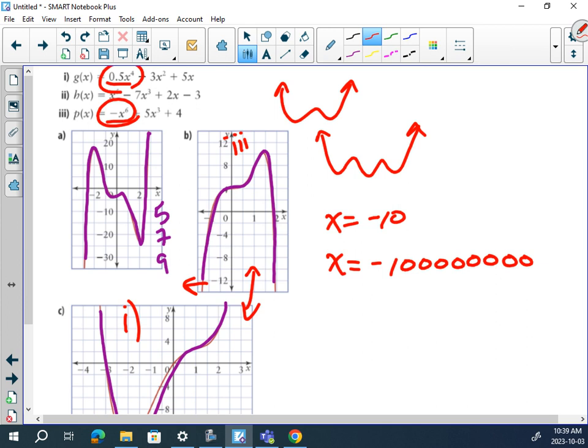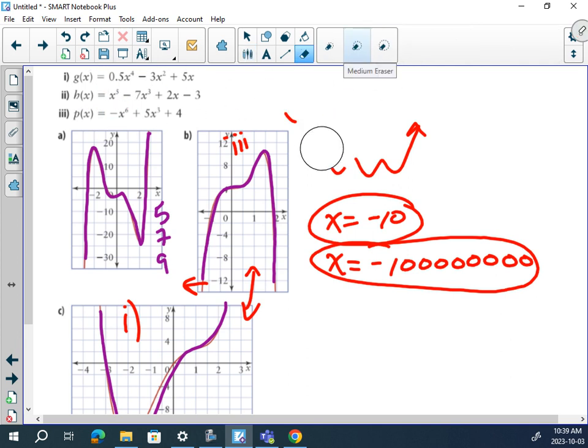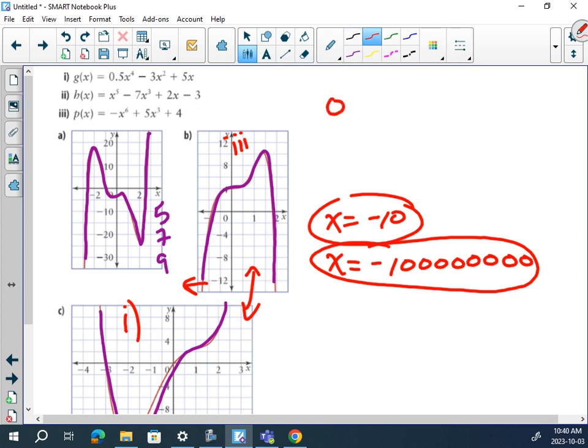And to do that, I can simply plug some sort of negative value in for x. So if I look at that first equation, I've got 0.5 x to the fourth. When I put a negative number in here, and it doesn't really matter what that negative number is, although I'm really interested in what happens way out to the left, hopefully we can see I'm going to have -1,000 to the exponent 4.